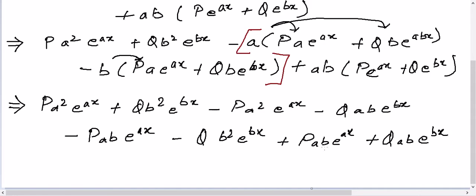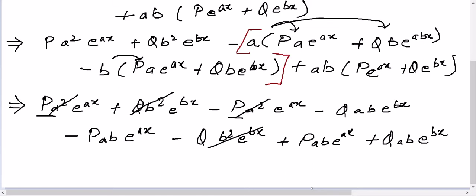Okay, cool. So now, guys, let's see the terms. p a square, the first term, and this term are plus and minus, so we can cancel them. Next term is q b square, and here. Similarly, these two terms got cancelled. Similarly, you can see the remaining two terms can also be cancelled.